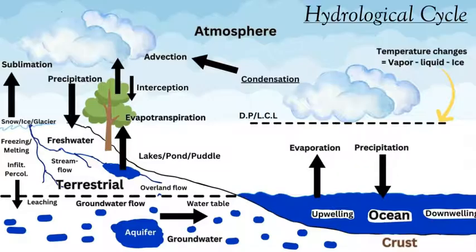So you add in the different fluxes, the movement of water between the three main pools or reservoirs, which are the oceans, the atmosphere, and the terrestrial component of the earth, and how water is moved between all three as a very large cycle, and how this cycle is connected and linked with the other biogeochemical cycles.